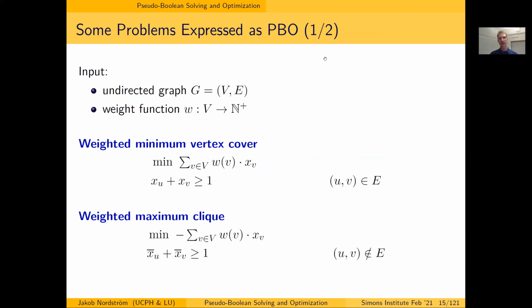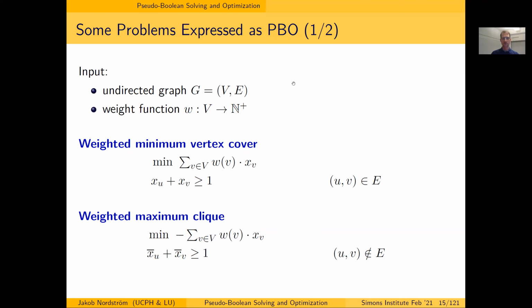I said that pseudo-Boolean optimization allows us to express many problems in a natural and concise way. Just to give some examples of this, if G is an undirected graph and we have a weight function on the vertices V, then weighted minimum vertex cover is simply asking for a vertex cover.